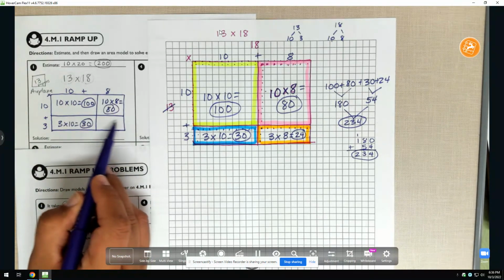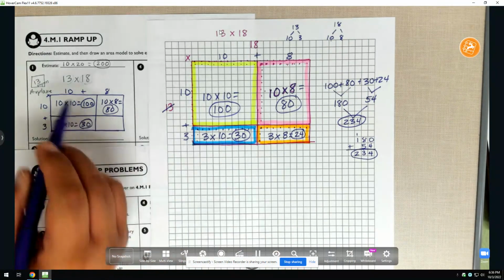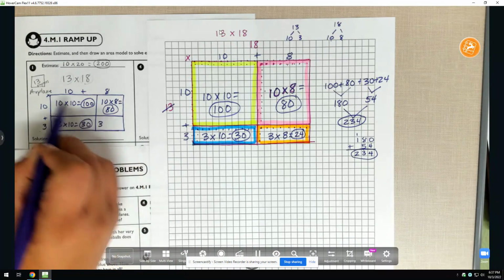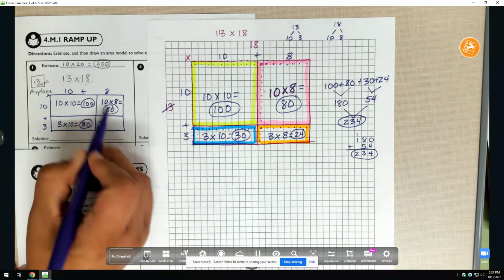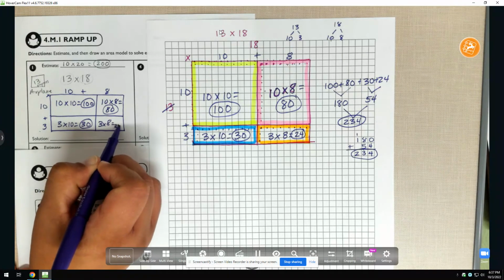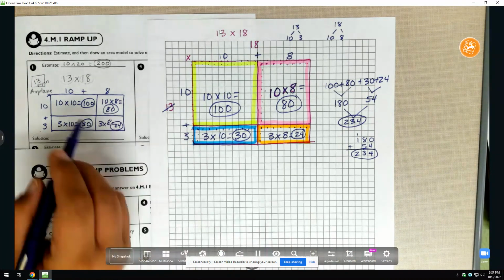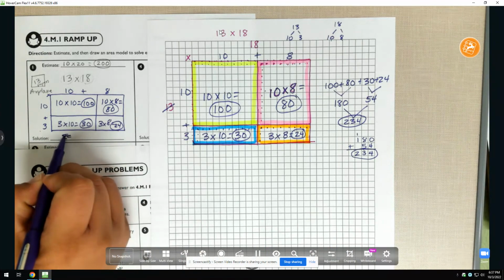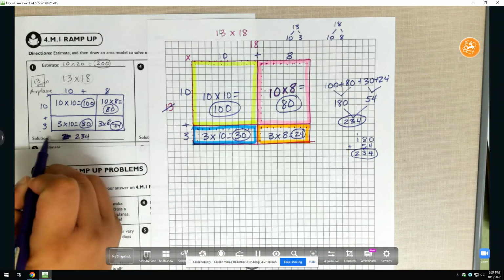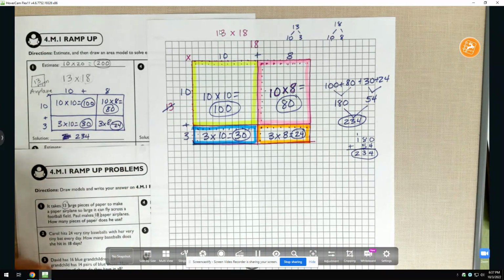And then in this orange area, I had 3 times 8, which gave me 24. And when I added those all up, I got 234. That's my solution. That's my actual answer.